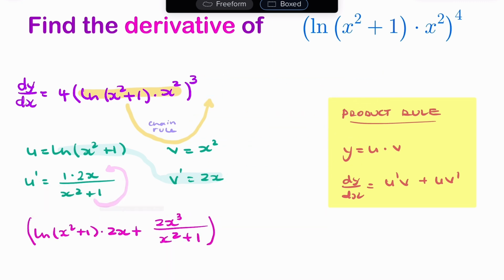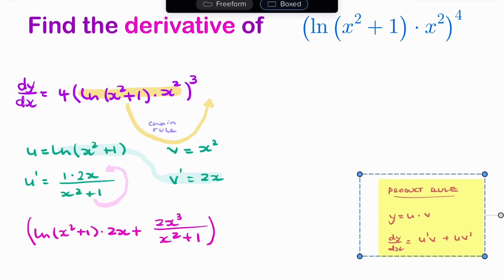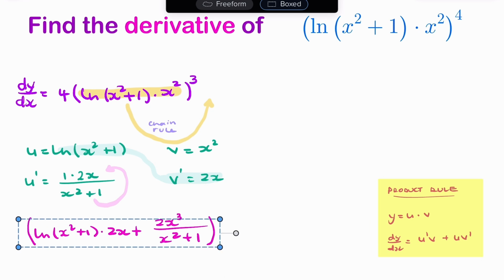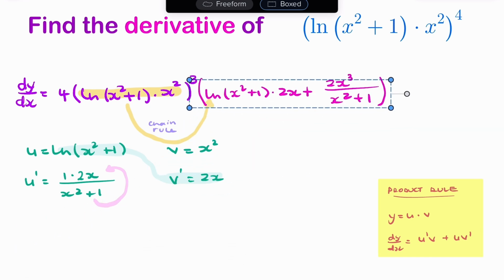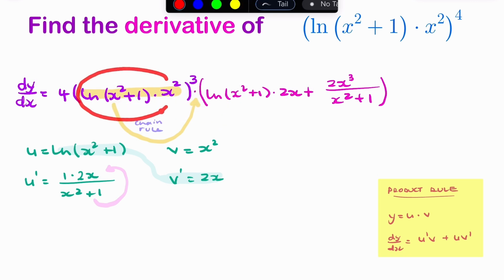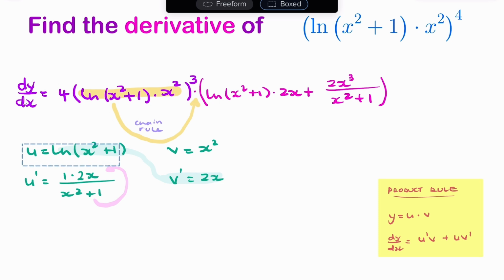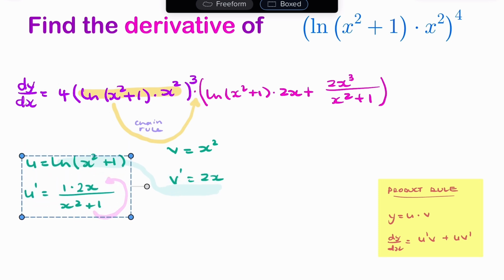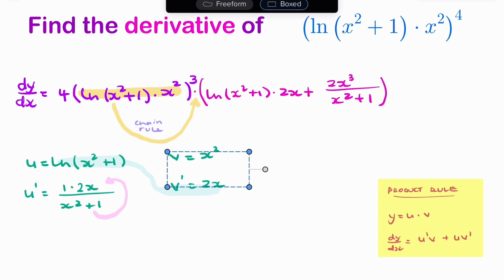So if I move this out of the way, I can bring this up here. So this is the chain rule. So I'm multiplying by the derivative of this, and I did that using here the product rule. So that's my second step.